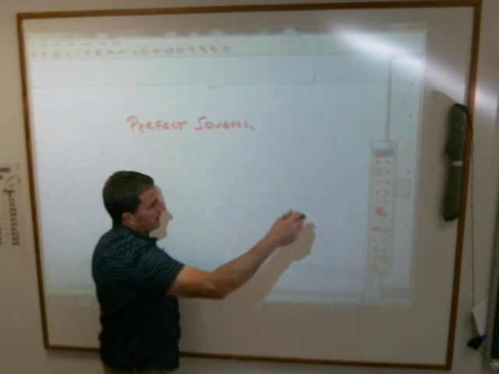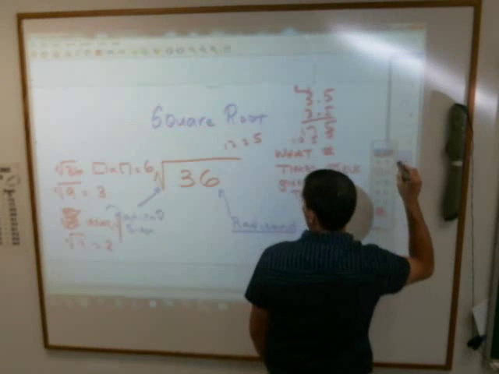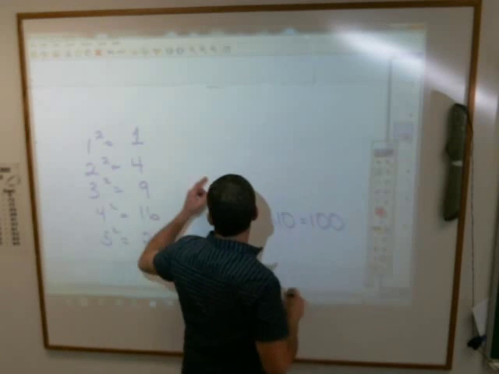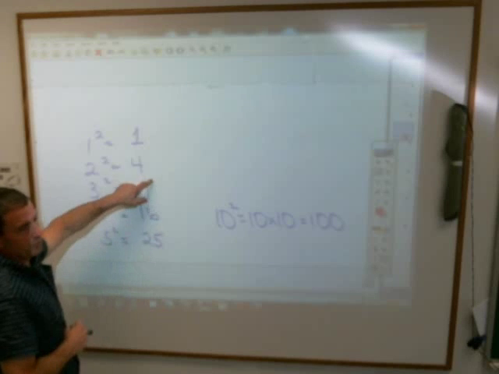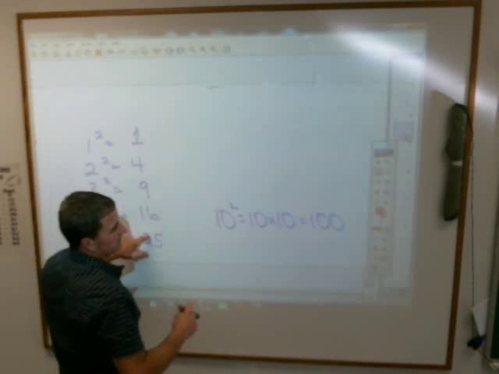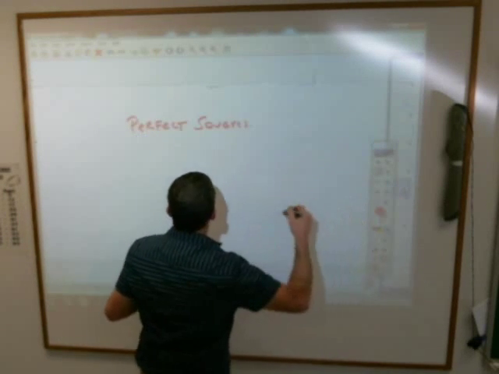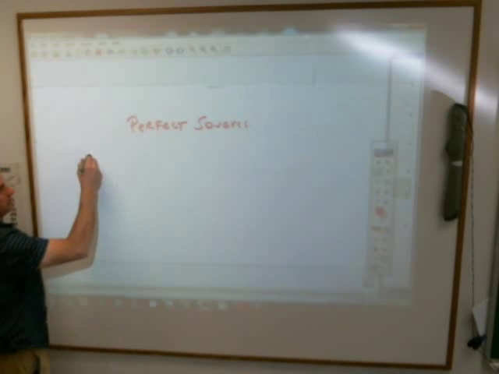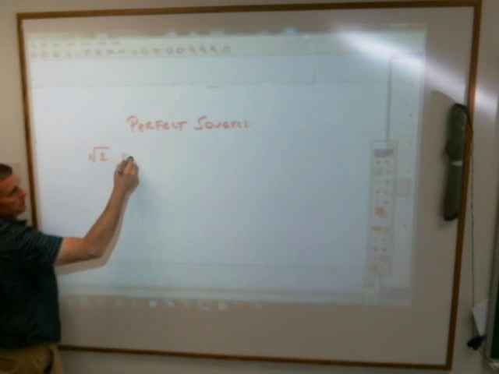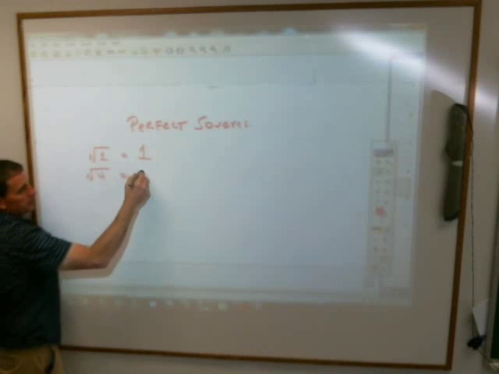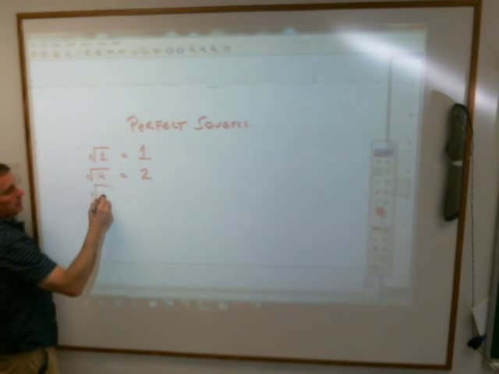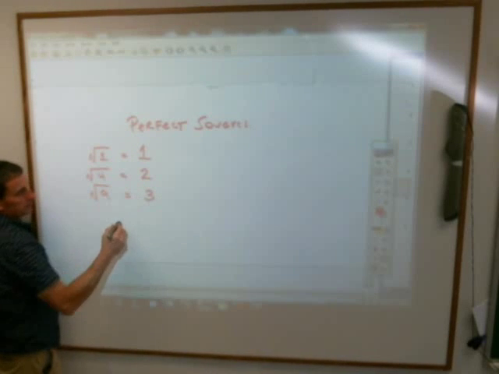If you go back to the notes that you took, where we wrote down all of these, these are the only numbers that work out when you take a square root, because it's that same number. For example, the square root of 1 is 1. The square root of 4 is 2. The square root of 9 is 3.